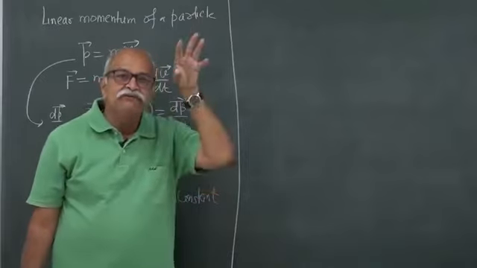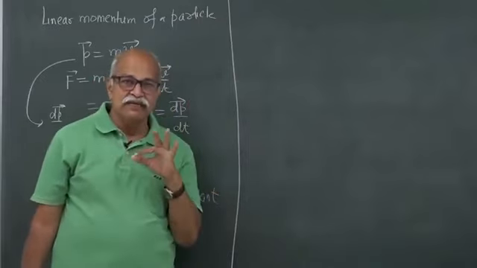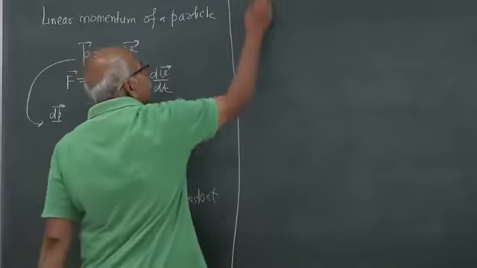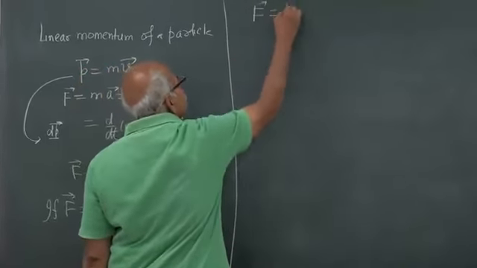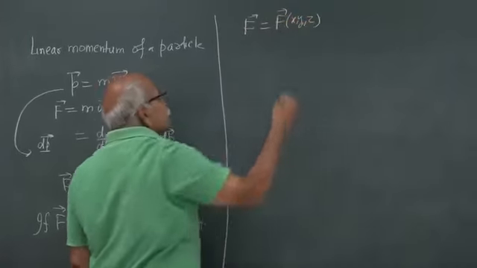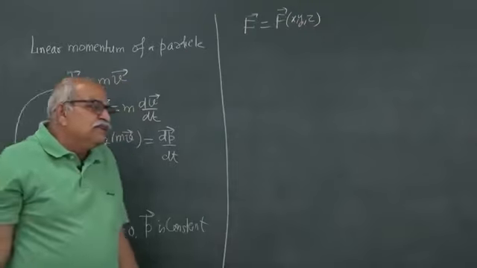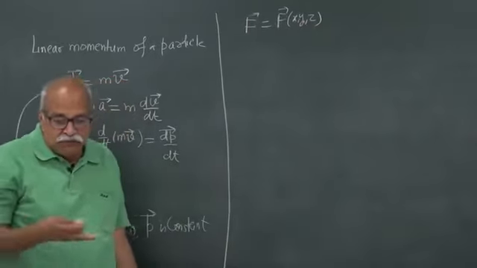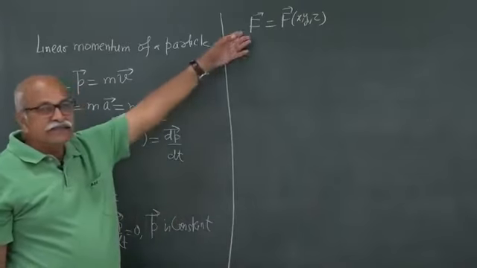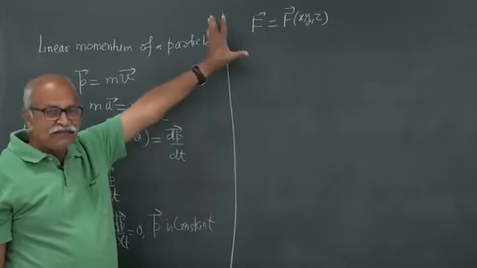If you have a force which depends on a space point x, y, z, force is a function of x, y, z. So, you have F, and that F is a function of space point. I am using Cartesian coordinates. If convenient, we can also use other coordinate systems depending on what problem is at hand, but let us describe our theory in terms of Cartesian coordinates.